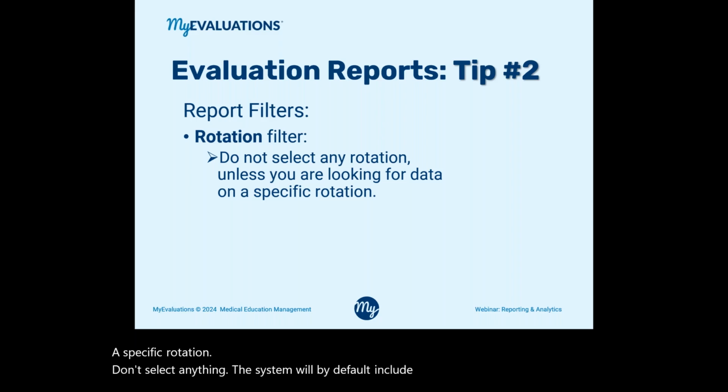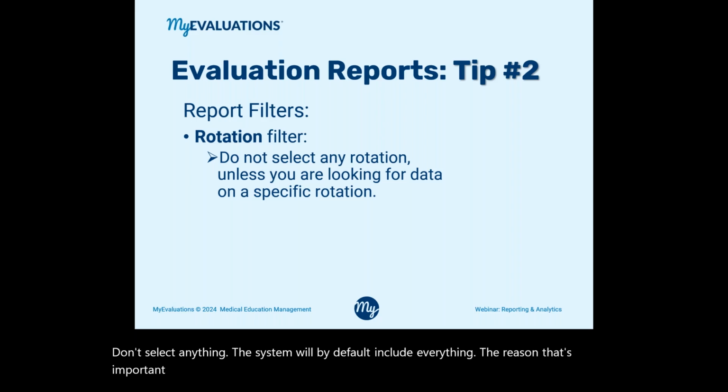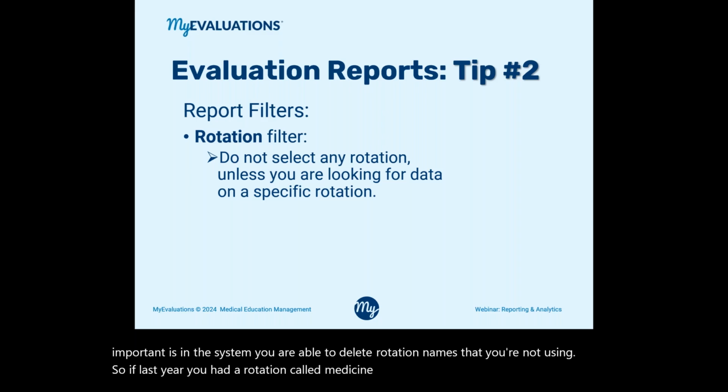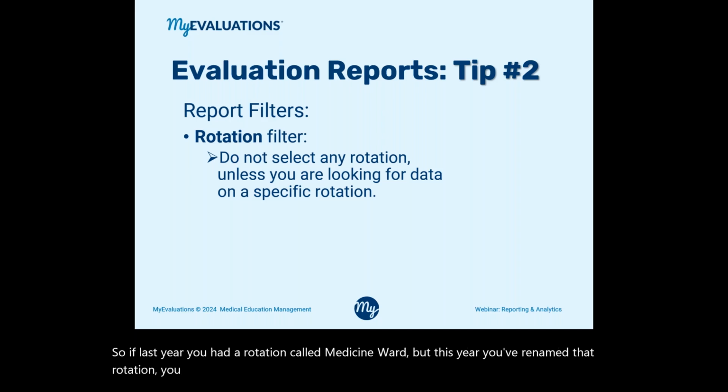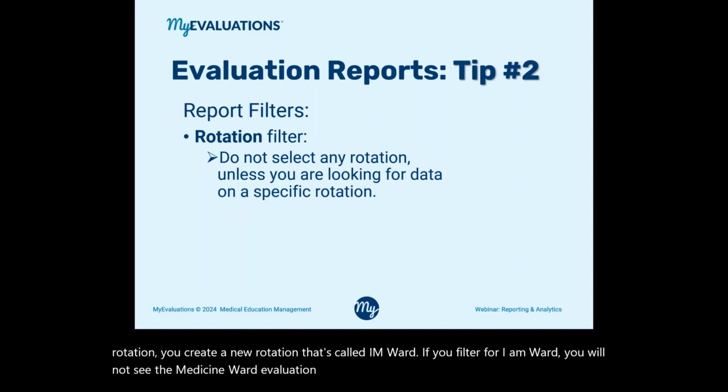The reason that's important is in the system, you are able to delete rotation names that you're not using. So if last year you had a rotation called medicine ward, but this year you've renamed that rotation, or you create a new rotation that's called IM ward, if you filter for IM ward, you will not see the medicine ward evaluation from last year.